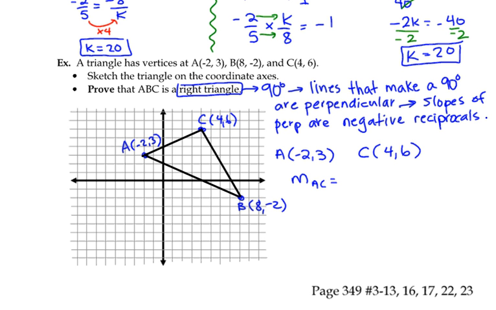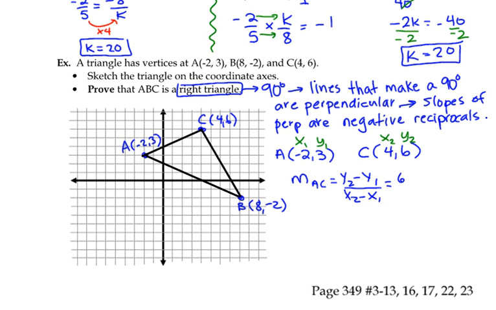So we start by labeling our points, x, y, and then 1 and 2. This will be our first point, and this will be our second point. So we're going to use our formula y2 minus y1, and that is on your formula sheet.